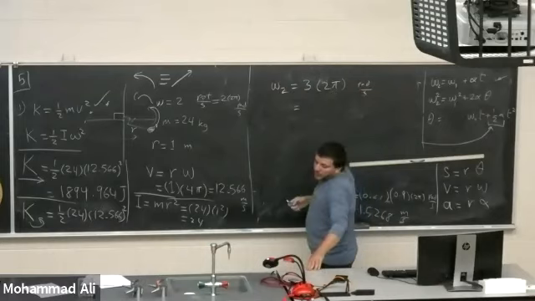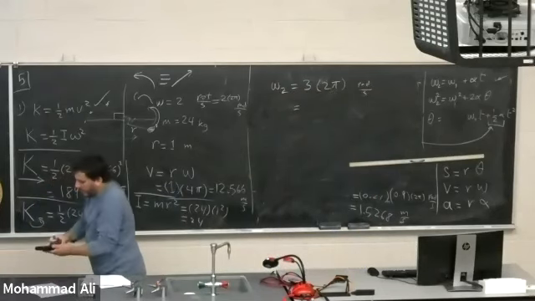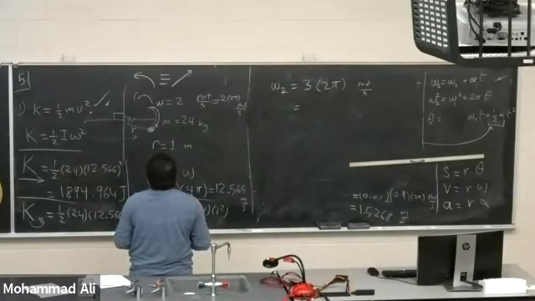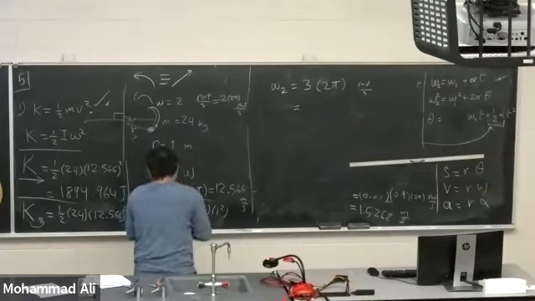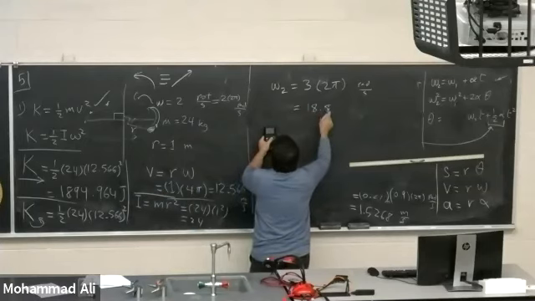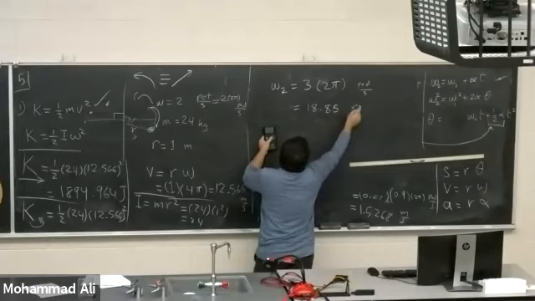In radians per second, it will be equal to 3 multiplied by 2 pi, which is almost 18.85 radian per second.